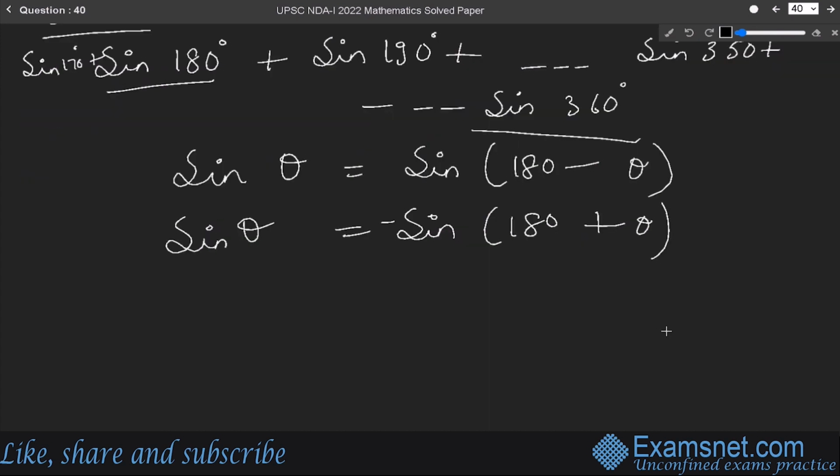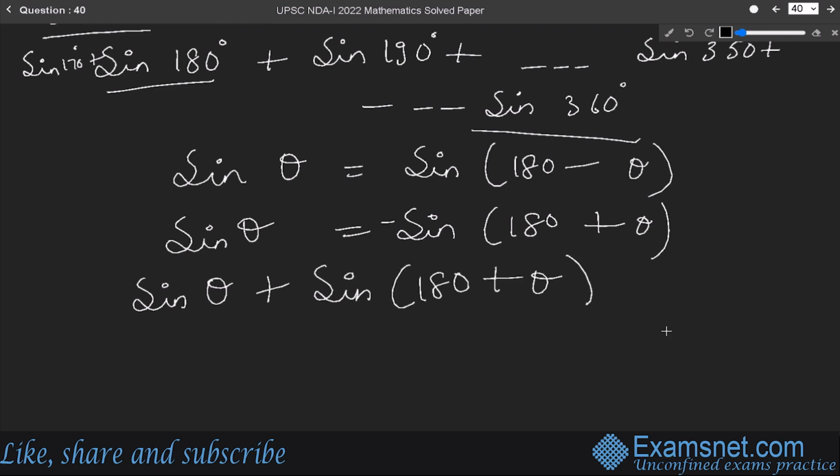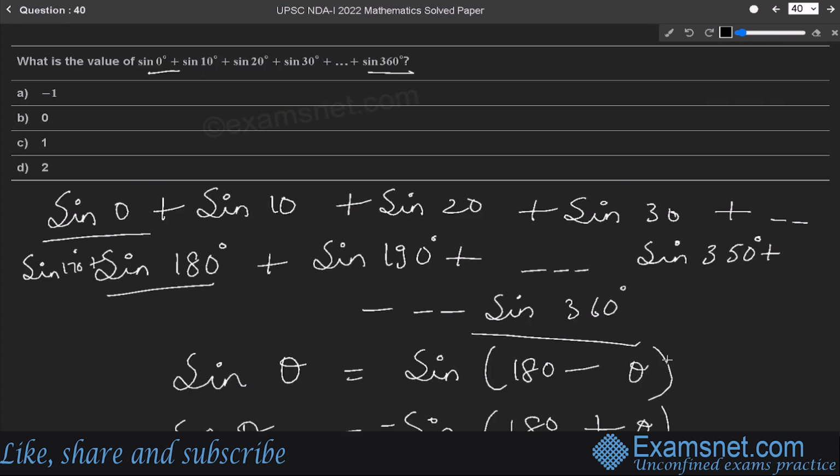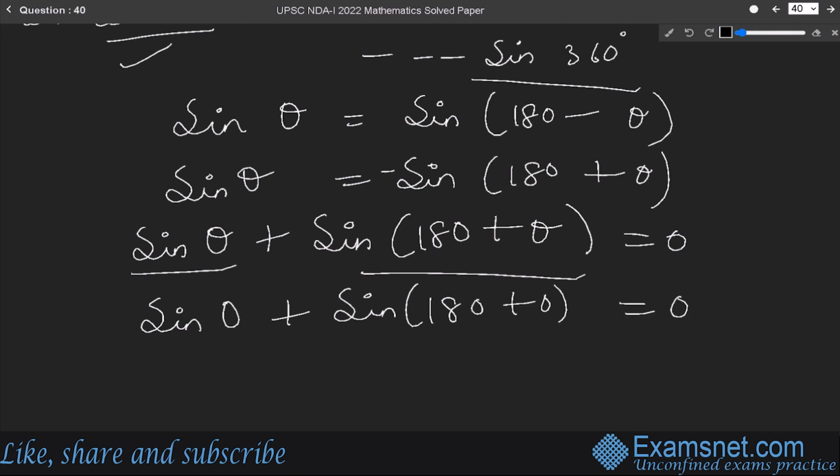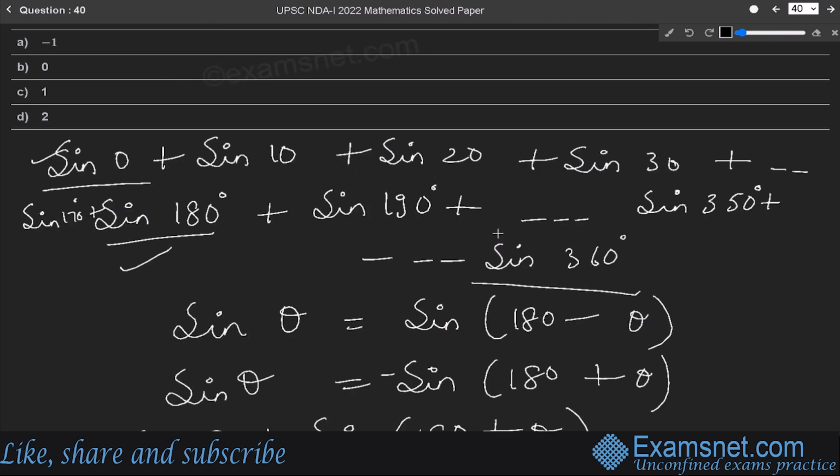So this will be equal to sin θ + sin(180 + θ) = 0. It means when we add both these values, the answer will be 0. So first we have sin 0 and sin 180. Keeping the value of θ as 0, sin 0 + sin(180 + 0) will be equal to 0.